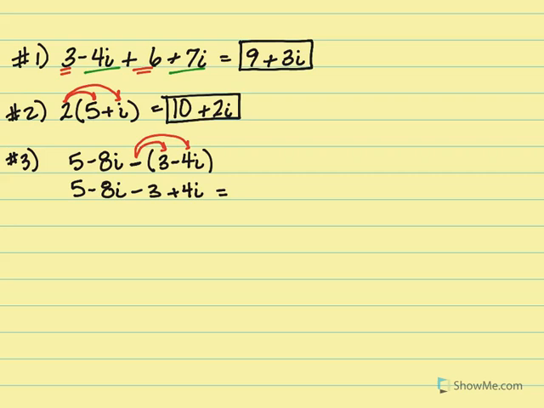Real terms, 5 minus 3. 5 minus 3 is a positive 2. Your imaginary terms, negative 8 plus 4. Negative 8 plus 4 is negative 4i. Again, make sure that your imaginary part is at the back and your real part is at the front. Now I want you to try a few examples.